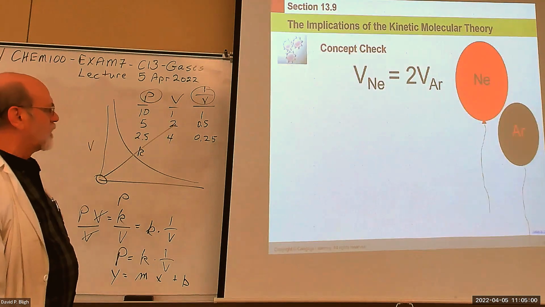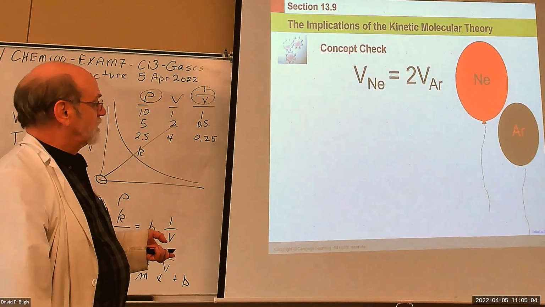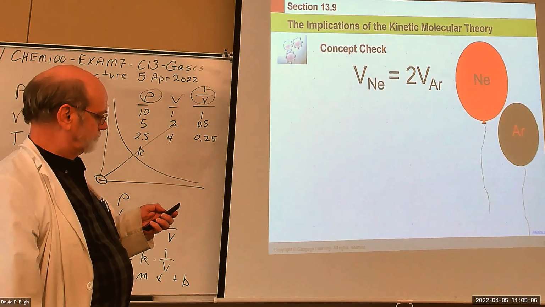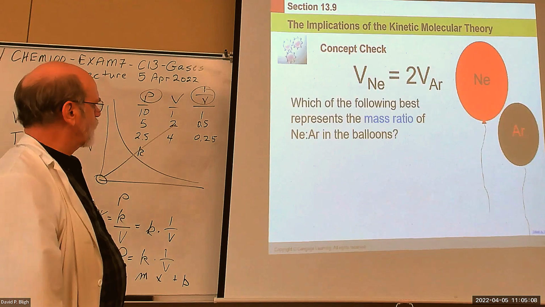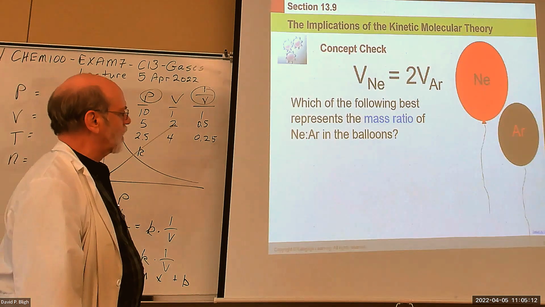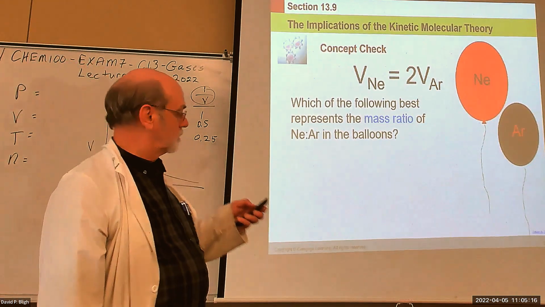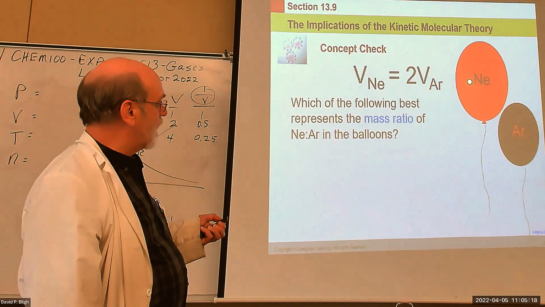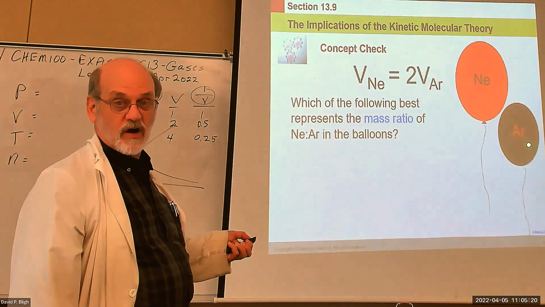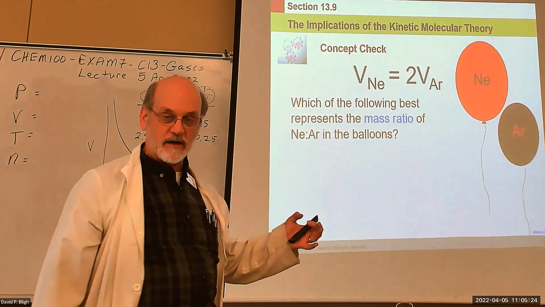Okay, what if the volume of the neon balloon is twice that of the argon balloon? What's the question? What's the mass ratio of neon to argon? Well, first of all, what's the number of moles? Well, the number of moles of neon will be double that of argon. You got twice as many moles of neon as you do argon.